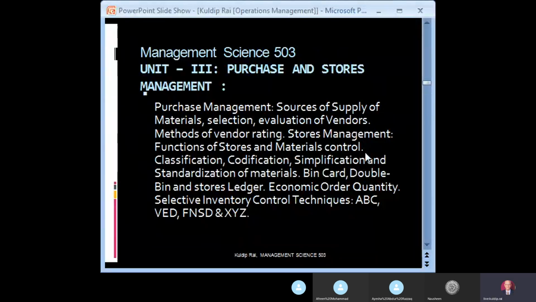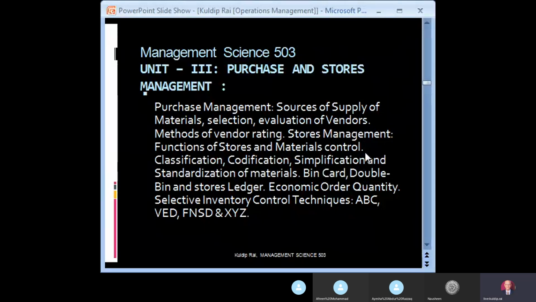What are the functions of store? As you can guess right now, the first function is to receive the materials. When the materials are supplied by my supplier, I have to check, is it from the same supplier whom I gave the purchase order? Is it the same material that I ordered?